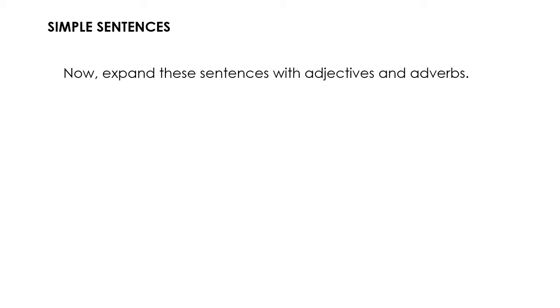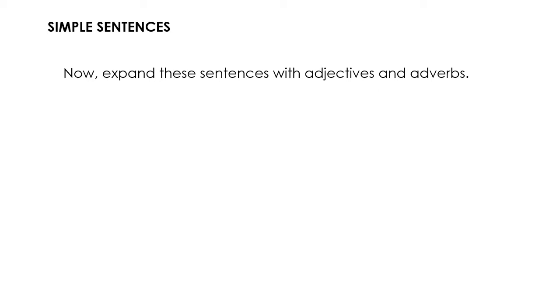Now, I want you to get your notebooks and expand these sentences with adjectives and adverbs. You could use an adverbial phrase if you want to, but do not use any FANBOYS words and do not use any conjunctions like when, while, or because. If you start using FANBOYS or conjunction words, it's no longer a simple sentence.